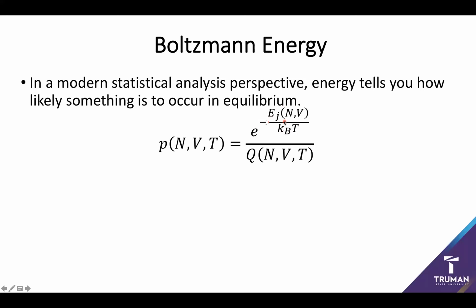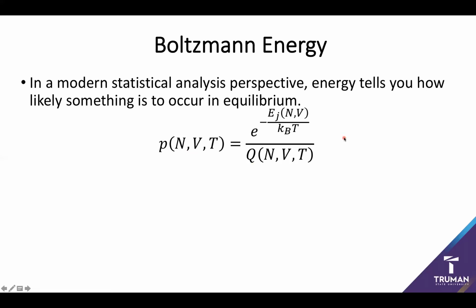If I have a very high energy, this exponent will be a very large negative value, meaning that this state is very unlikely to occur. Similarly, the more states I have, or the more possible configurations my system can adopt, the less likely any given state is to occur. So we're going to be coming back to this idea periodically, but it's really important to note that energy gives us not only this work definition, but also this probability definition.